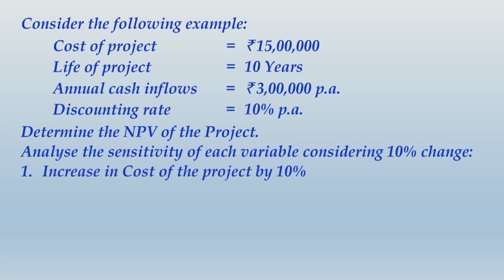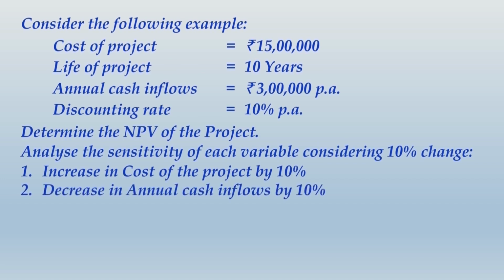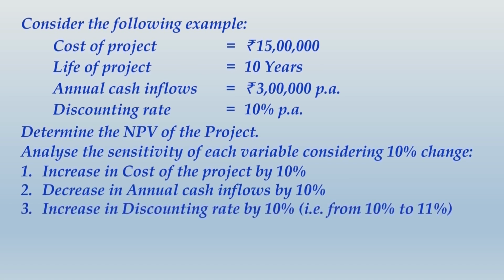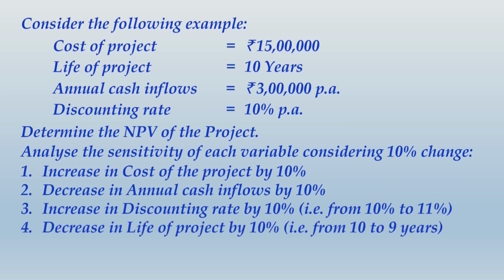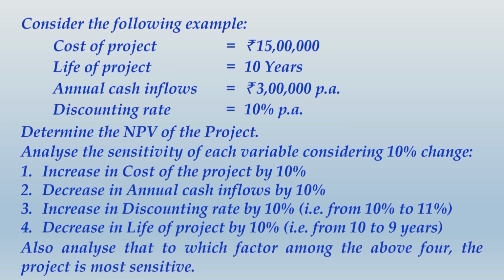That is number 1, increase in cost of the project by 10%; number 2, decrease in the annual cash inflows by 10%; number 3, increase in discounting rate by 10%, that is from 10% to 11%; number 4, decrease in life of the project by 10%, that is from 10 to 9 years. And also analyze to which factor among the above 4 the project is most sensitive.